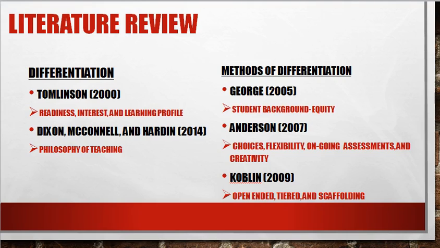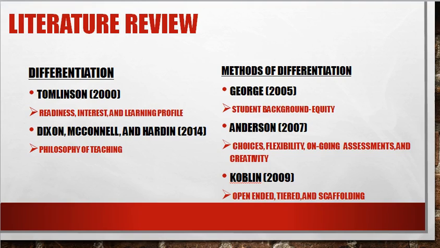Anderson discusses that we need to look at the methods of differentiation into certain segments, that we're not just giving students extra time or a multiplication chart and saying that this is differentiation, but that we are offering choices for students, that we are being flexible in our classroom, that we have ongoing assessments to address the needs of what our students are currently struggling with, and making sure that we integrate that creativity portion in our classrooms.